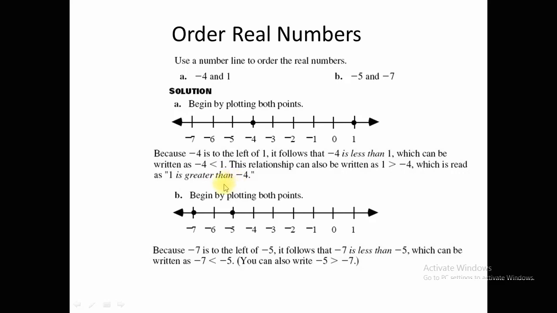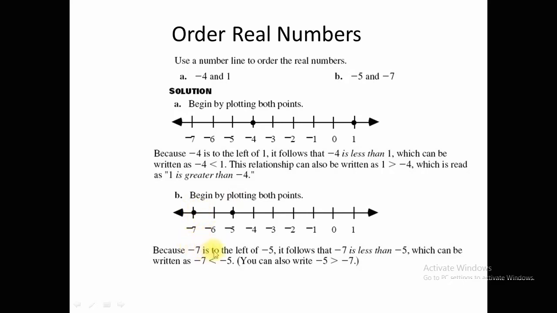For the other example, begin by plotting both points. Put positive real numbers in this direction and negative real numbers along this direction. Since we have minus 5 and minus 7, this point represents minus 5 and this point represents minus 7.